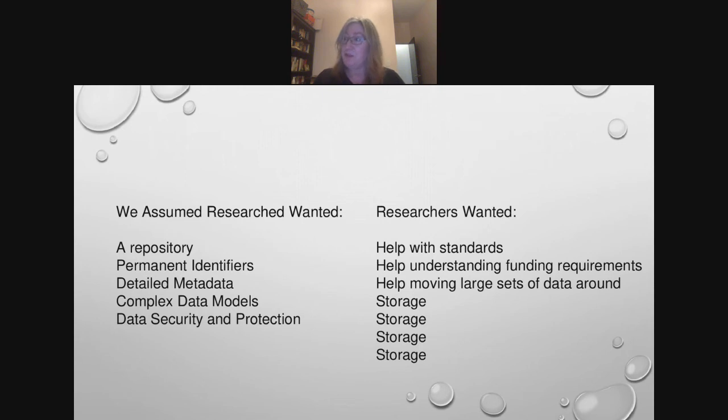Not necessarily downloading their data, but in the context of permanent identifiers or metadata uploading things. But I could also point them to where to get storage, because there were several different options on campus for getting more storage. So I was able to not help them myself, but I knew where to send them. And that's really all they wanted. They wanted to know where to go.